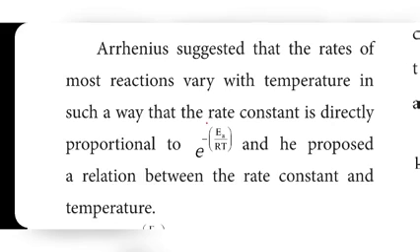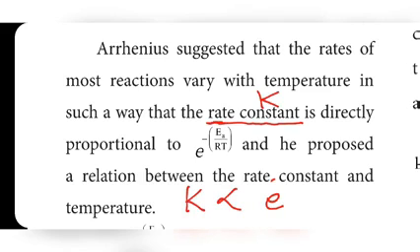Arrhenius suggested that in most reactions the rate constant varies with temperature in such a way that the rate constant K is directly proportional to e power minus EA by RT.